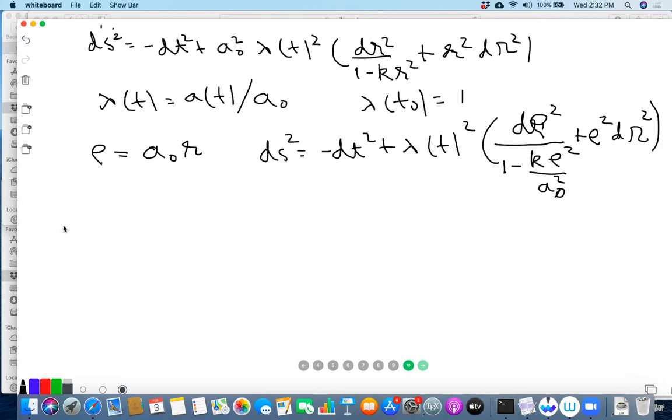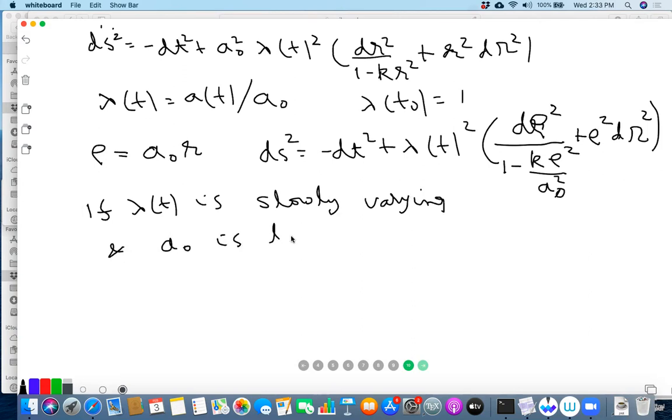And now we see that we can make this almost flat. If lambda(t) is slowly varying and a naught is large, then, since lambda(t naught) is 1 today, if it's slowly varying then it's almost 1.